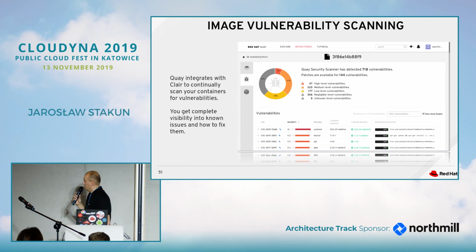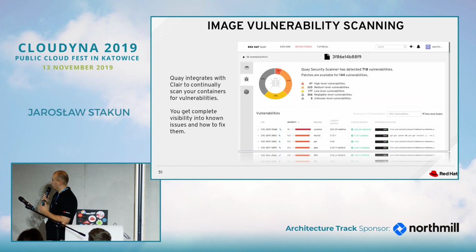Another very important aspect from the security point of view is container image security. In the case of our platform, we leverage the image scanning solution, which is part of our Quay image registry, the same one I mentioned before in regard to geo-replication.